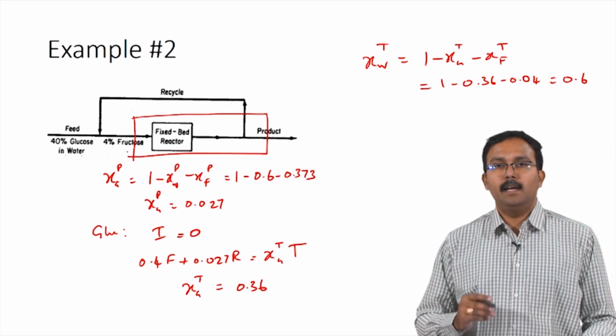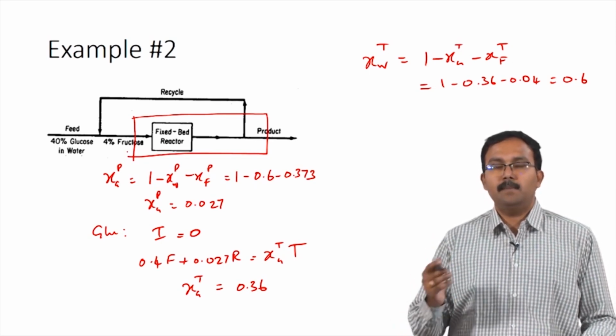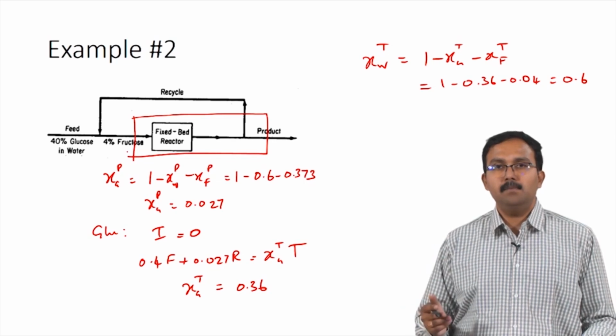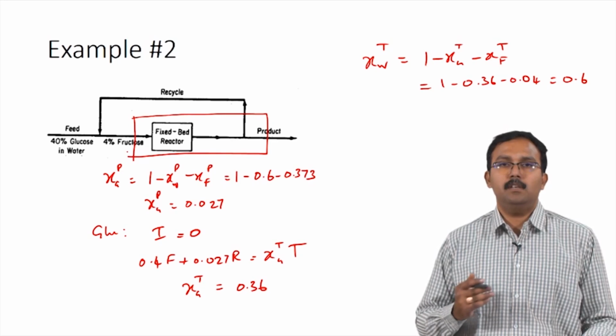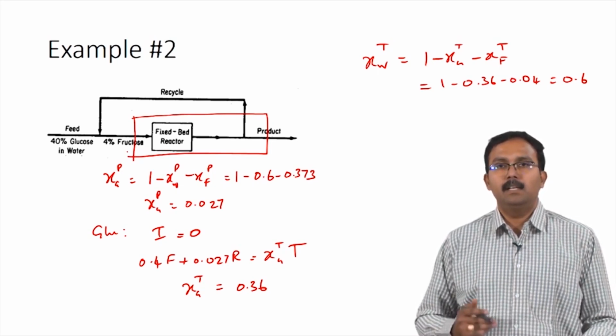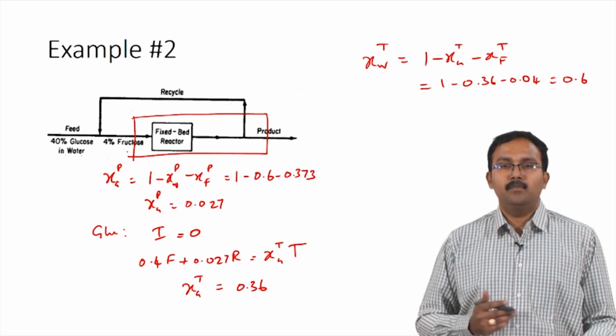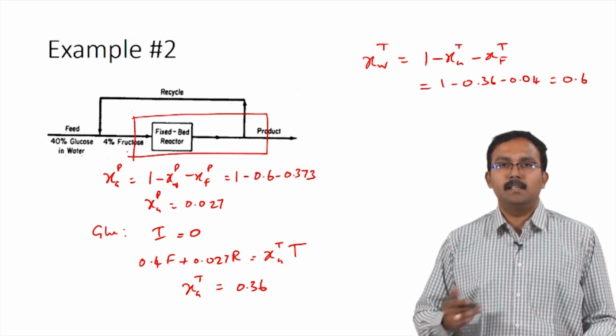This would ensure that we have information about both the product stream and the recycle stream, which are the exit streams, and we also already know the information about the inlet stream, which is the gross feed. With all this information, we will be able to calculate the fraction conversion for glucose entering into the fixed bed reactor for a single time.